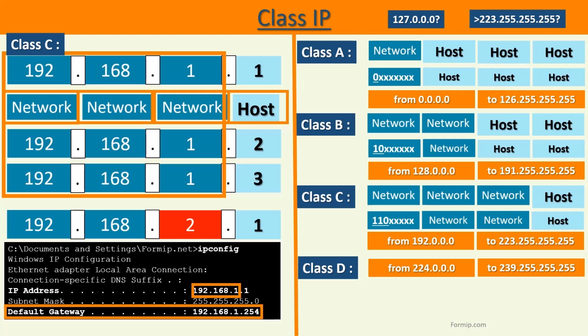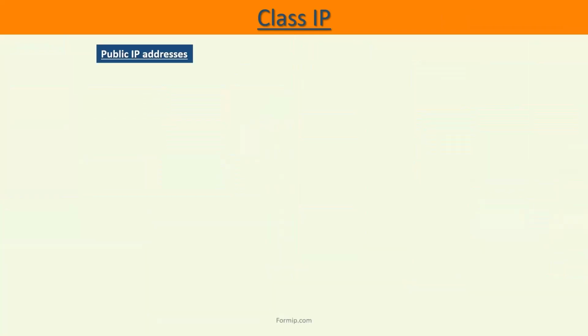Now we will see the difference between private and public IP addresses. Public IP addresses are used on the Internet, and private IP addresses are used on your local network and cannot be used on the Internet because they are not routable.